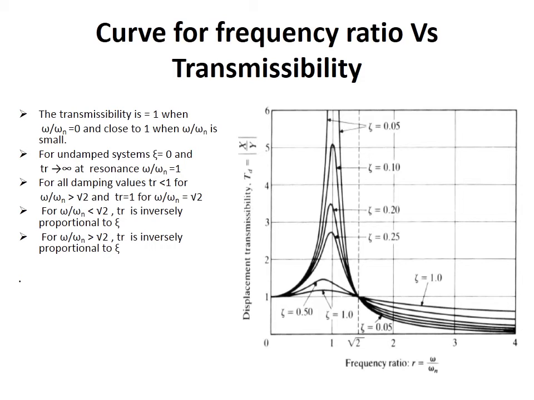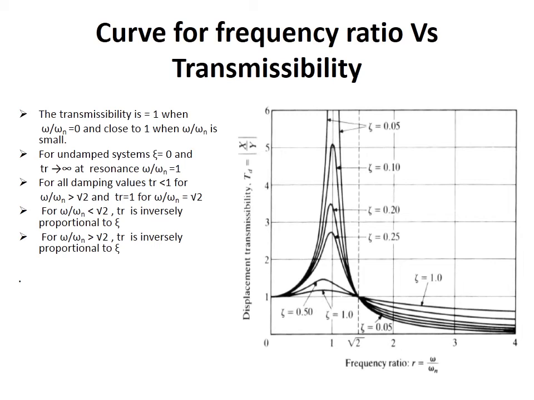The salient features of this diagram: transmissibility TR is 1 when omega by omega n is close to 0 or small, up to root 2.